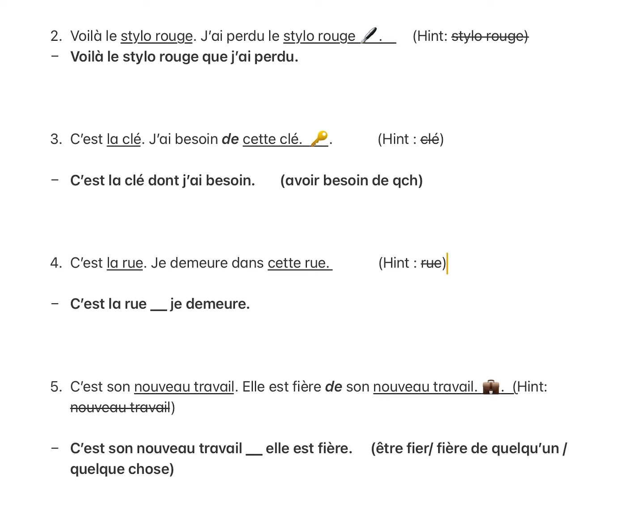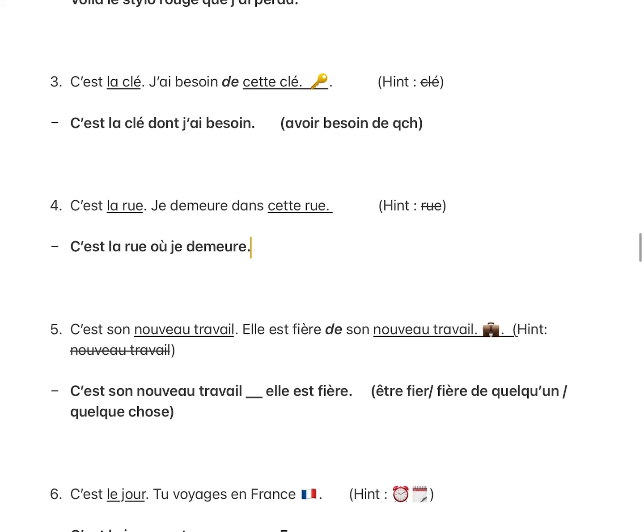So we drop the repeated word. Also, another hint is that it deals with a place. So our answer here is où. C'est la rue où je demeure. It's the street where I live.